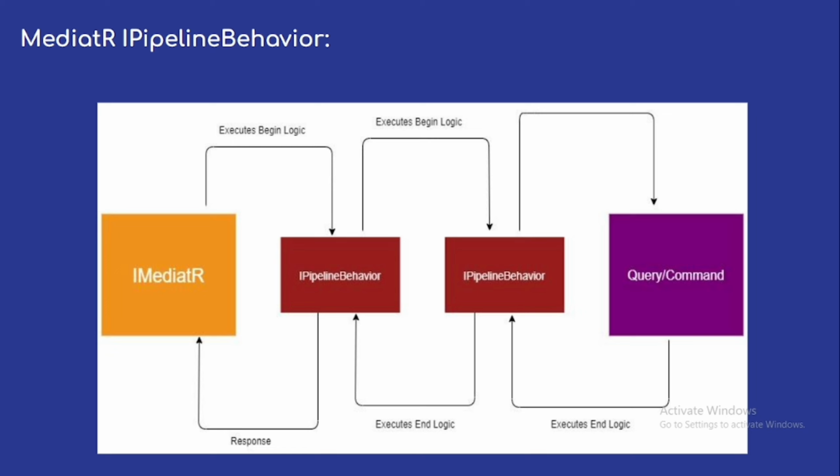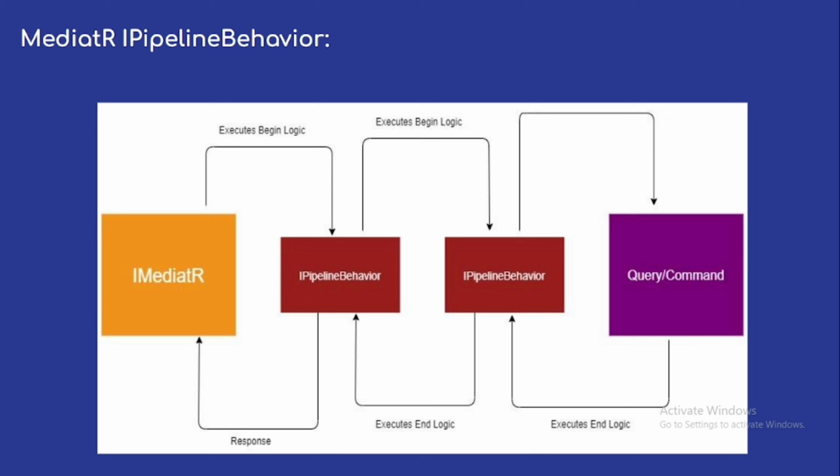Then the query or command executes. After the completion of the query or command logic execution, it again travels back to the pipeline behavior where the end logic executes. So it is almost like our middlewares only.